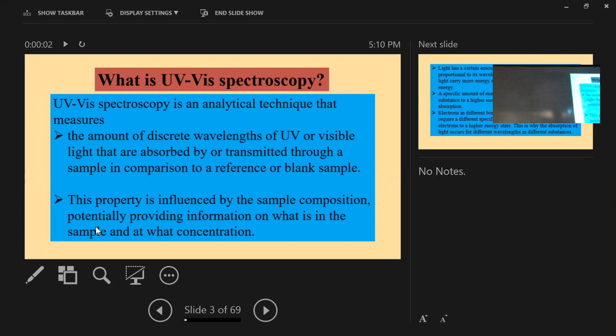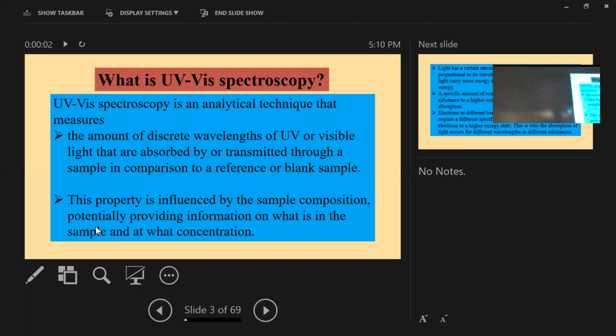Nothing is going through. So that is the amount of discrete wavelengths of UV or visible light that are absorbed by or transmitted. If I put two folds of this paper, then it has the capacity to absorb most of the light. But with a single fold, it absorbs only a certain portion. You can see lot of light on the front side.